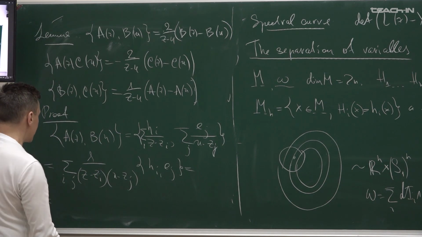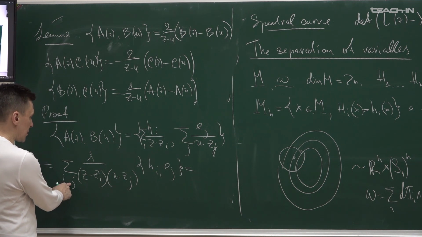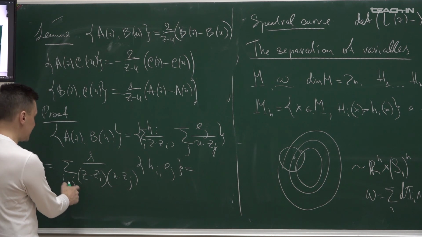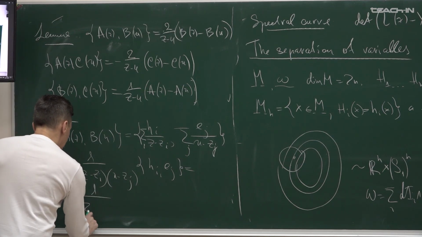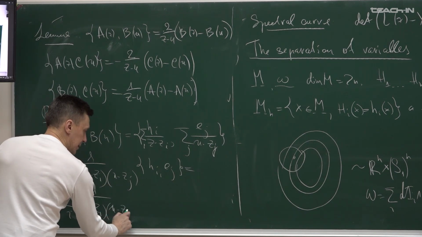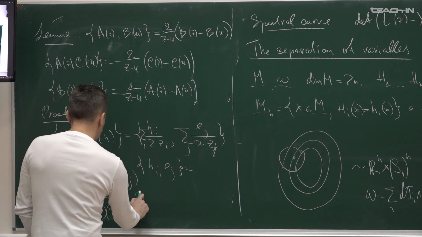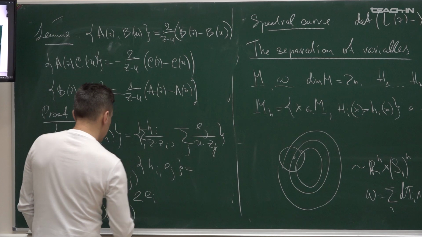So this means that we can omit one of the summations and take j equal i. So it is the sum over i of 1 over (z minus z_i)(u minus z_i), and here we have 2 e_i.